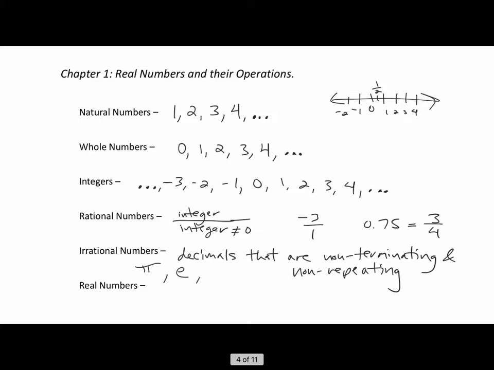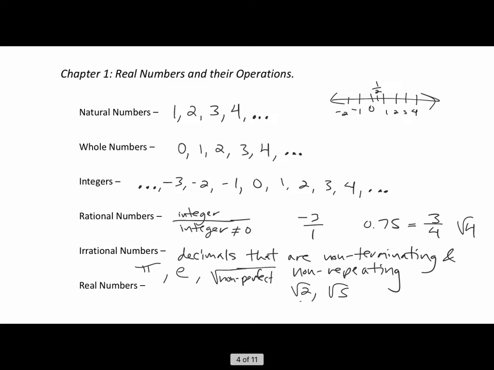And one that you probably don't think of, but you probably do know, is the square root of non-perfect squares. So for example, square root of 2, square root of 5. Those are going to be irrational numbers. In the calculator, there'll be decimals that go on forever. As opposed to something like square root of 4, which is 2, which is a rational number, integer, whole number, and natural number.